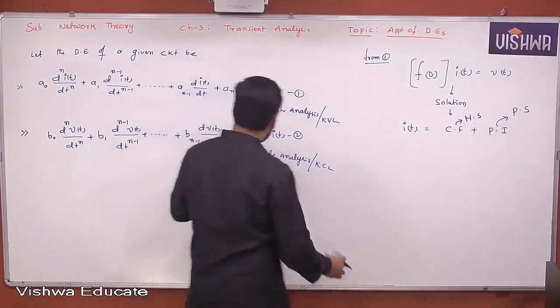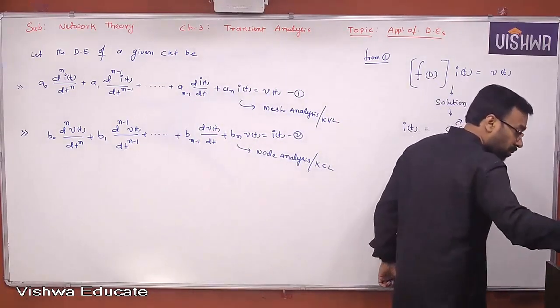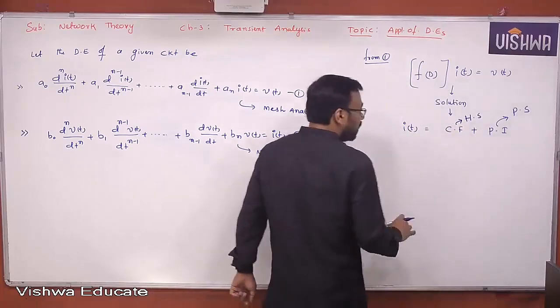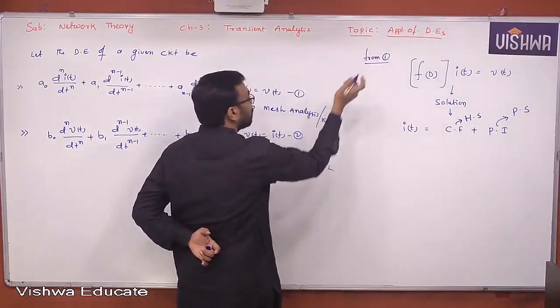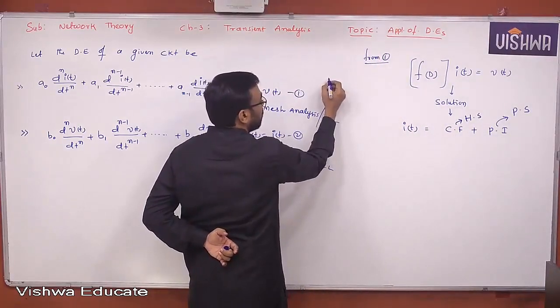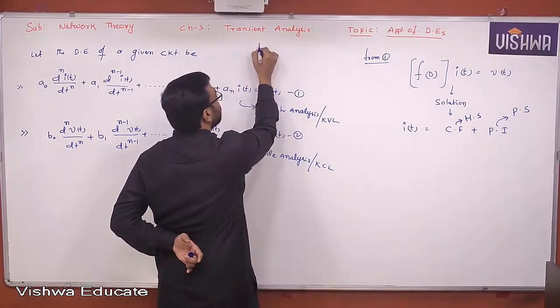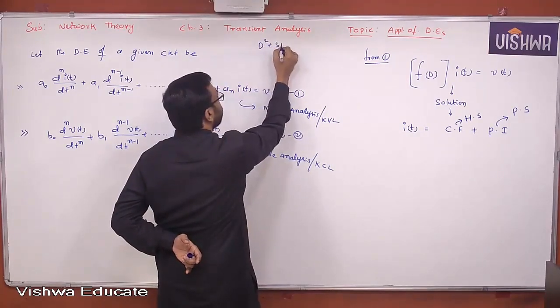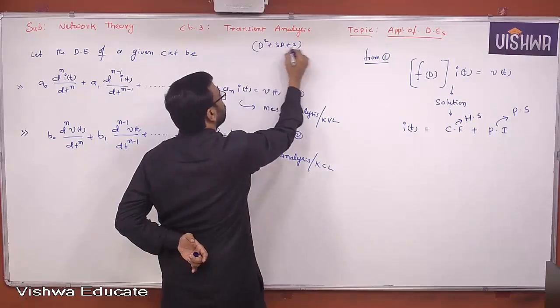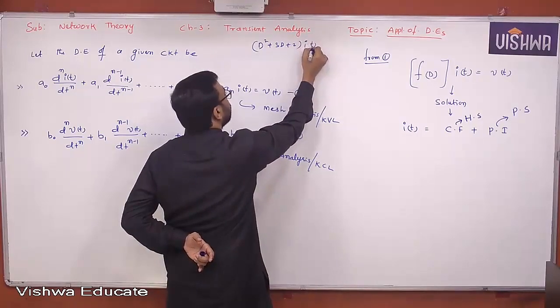Okay, I think I will give you some time to note down that part. First, look at this here. Now, you know that we have solved a differential equation, right? What is the differential equation we have solved? I think you remember, all of you. Okay, d square plus 3d plus 2 of I of t is equal to 10.